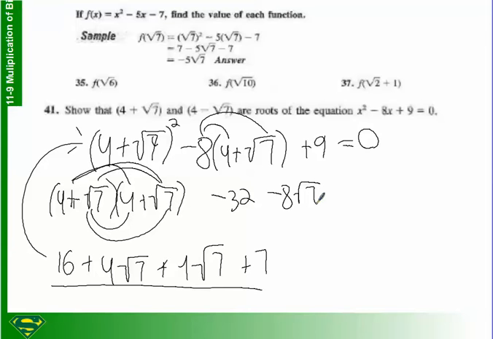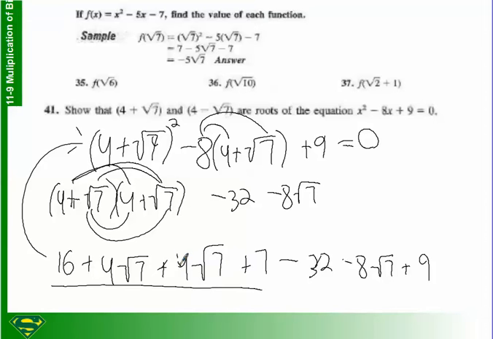So coming back all the way down here, we're going to have minus 32, and then minus 8 root 7 plus 9. So we got a big long list here, and we're just going to start combining similar terms.